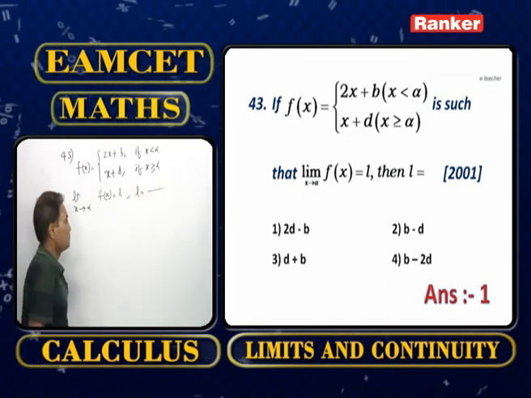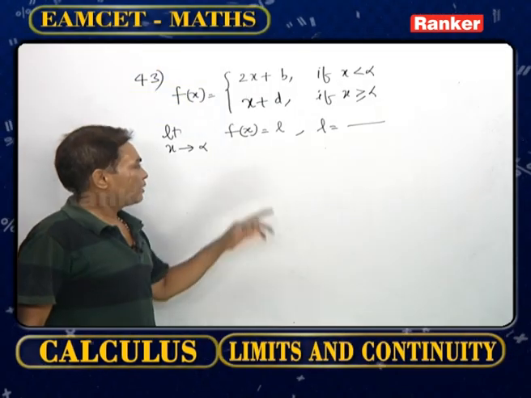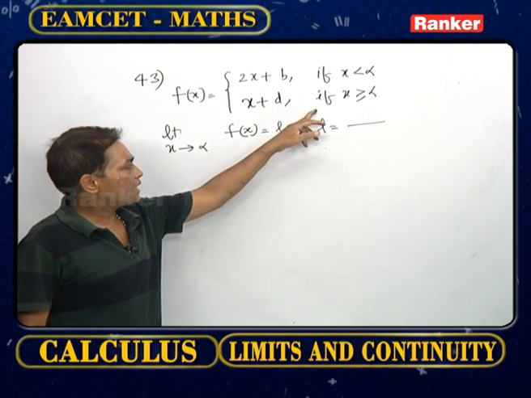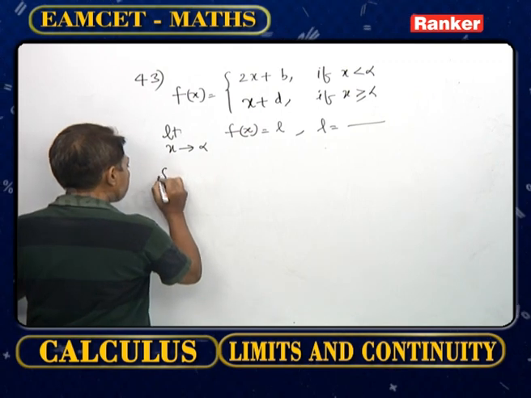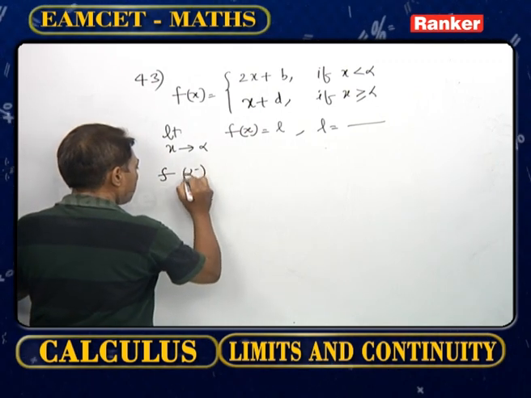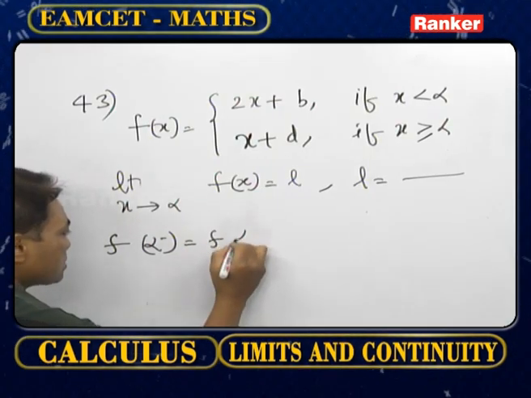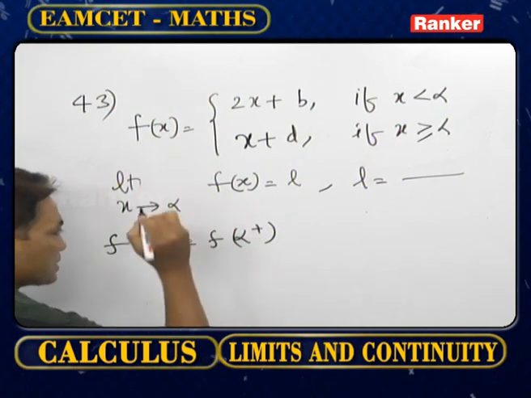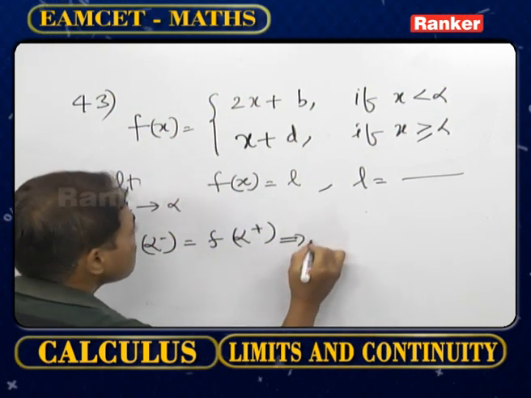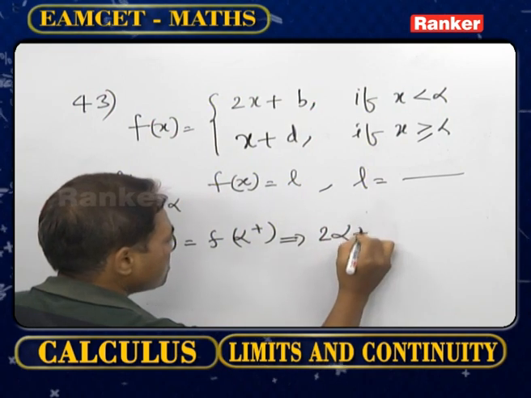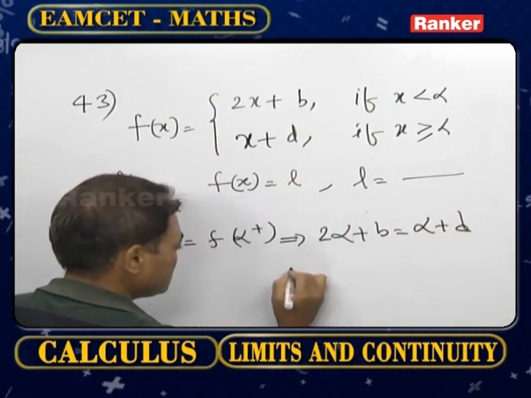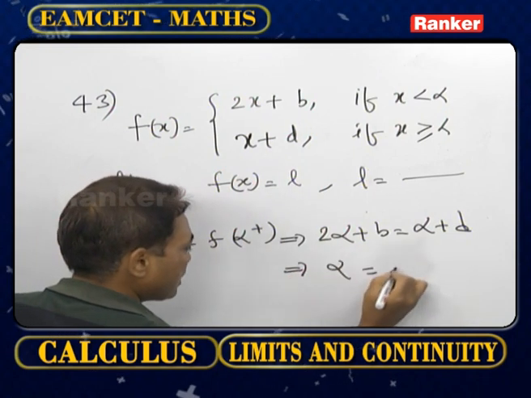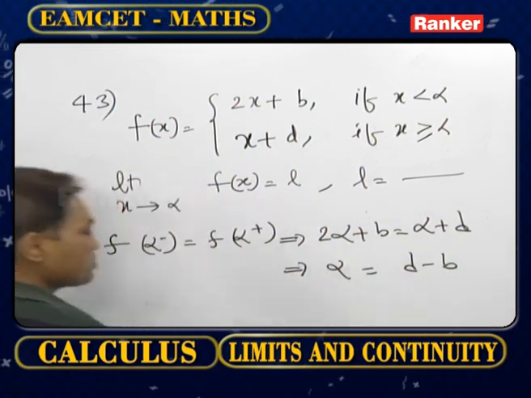This is the question. So to get limit f of x equal to L, the right hand limit and left hand limit must be equal first. So what we understand from this? f of alpha minus must be equal to f of alpha plus. Let us see. 2 alpha plus b is equal to alpha plus d. So from this, alpha is equal to d minus b.